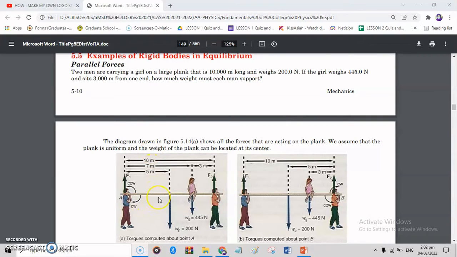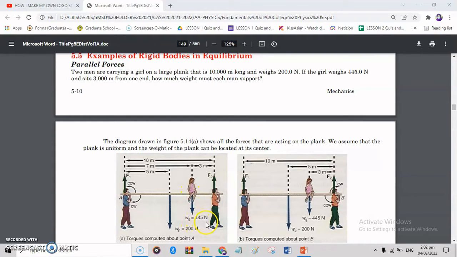Okay, so gitna ng plank, nandyan yung center of mass ng ating plank. So, nandyan yung kanyang weight. Okay, weight of the plank is 200 Newton. If the girl weighs 445 Newton and sits 3 meter from one end, so this is one end, 3 meter from this, okay, nakaupo si girl na may weight na 445 Newton.